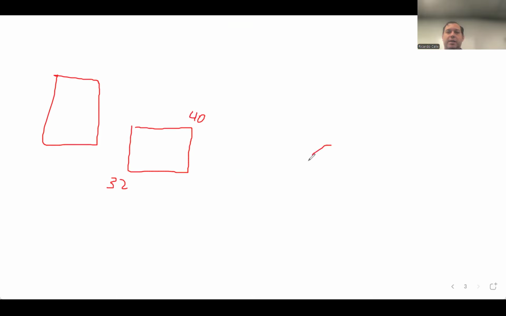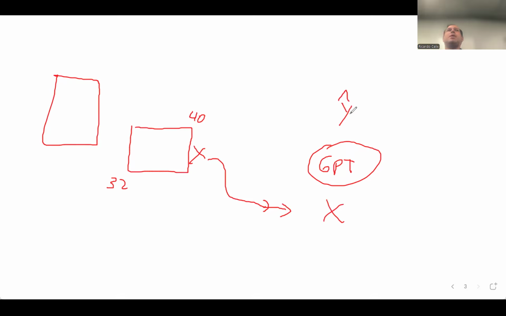The way it works is I have the GPT, and this X goes in here. The model is going to learn to predict something, let's call it Y hat. But during training, it needs to compare that Y hat to a real Y to learn. Where is that coming from?